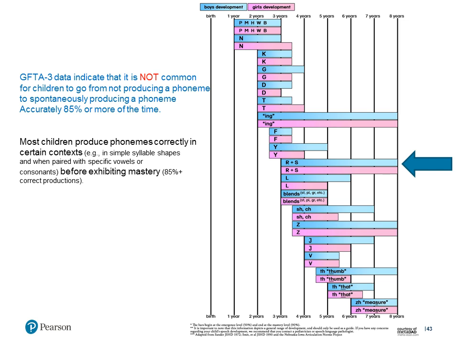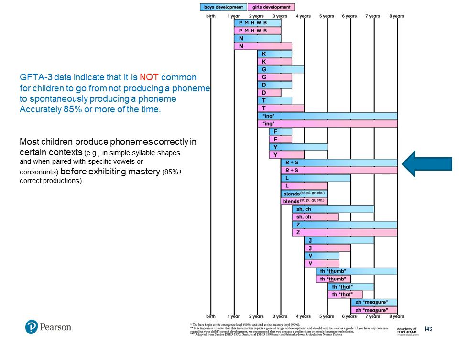Okay, and the reason we want to make that distinction between emergence and mastery is, again, in research, we see that it's a process. It's not common for children to go from not producing a phoneme to suddenly waking up one day and saying, I can say that and get it with 85%, as this table will show. You're going to start out somewhere kind of testing the waters, practice, practice, practice until you get it right.